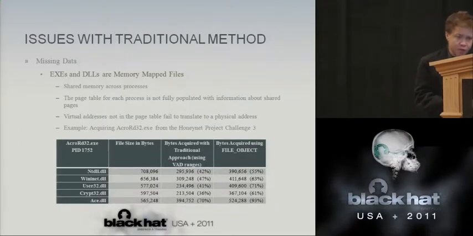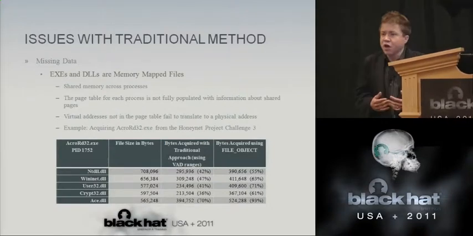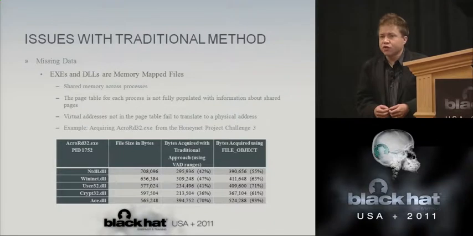Now, since these are what's called memory mapped files, they're shared across address space. In other words, if NTDLL is loaded in memory and that is in every process address space, there isn't a physical copy of that in every single process. It's a shared memory region.